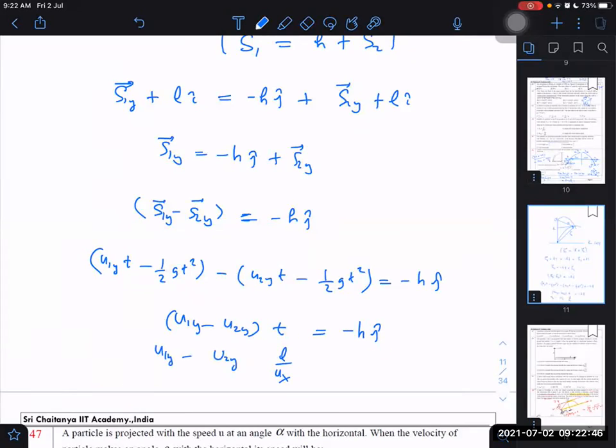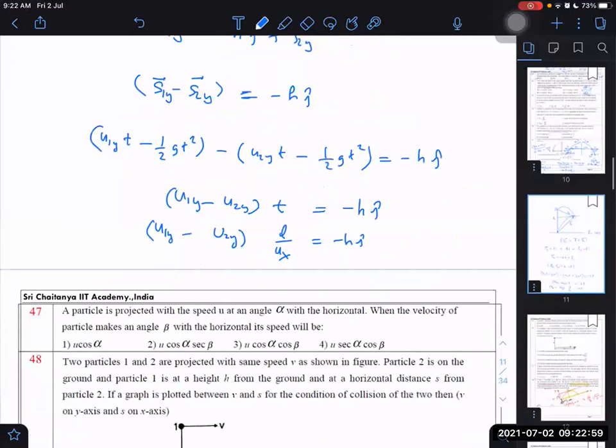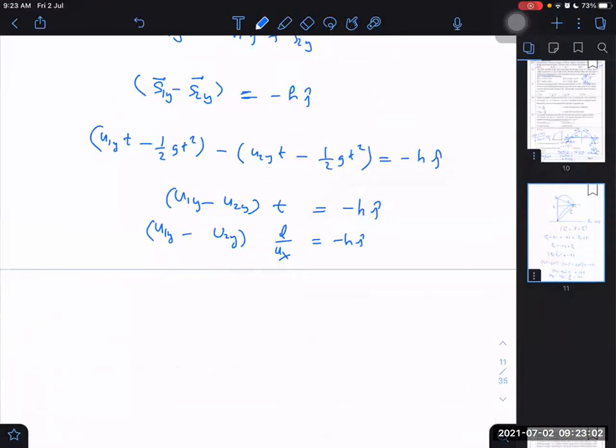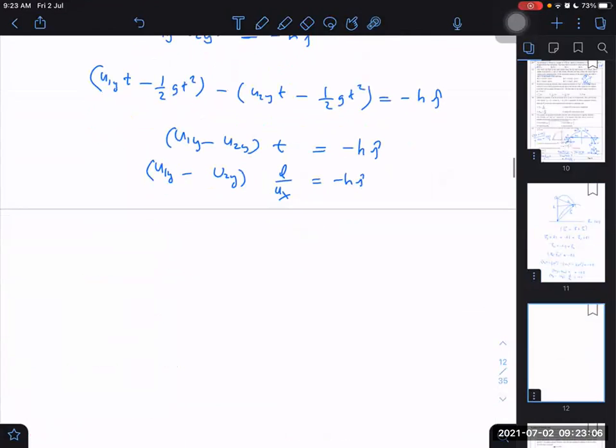So U1Y minus U2Y into L upon Ux is equal to minus H j cap. What do we get now? What is U1Y upon Ux? If I take the U1 vector and take its Ux component, I'm not writing U1x and U2x separately because Ux is the same for both.